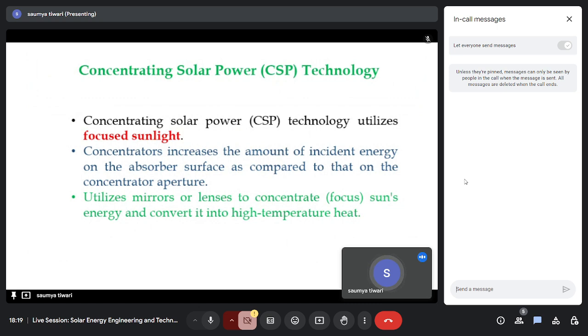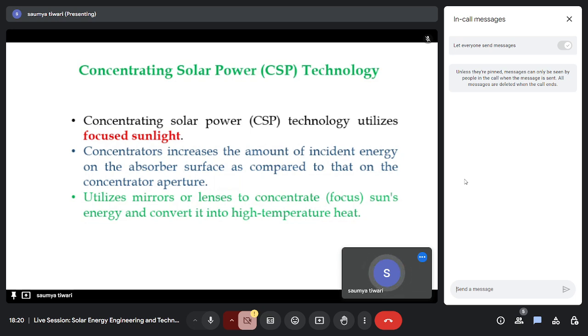In a flat plate collector, we were directly utilizing the incoming solar radiation that was falling on the flat plate, right? But in concentrating solar power technology, we are going to use some devices, maybe a mirror or lens, that will actually concentrate the incoming solar radiation onto a smaller receiver area, thereby increasing the concentration and the flux received at that small area, and thereby increasing the temperature and efficiency of the concentrating solar power technology.